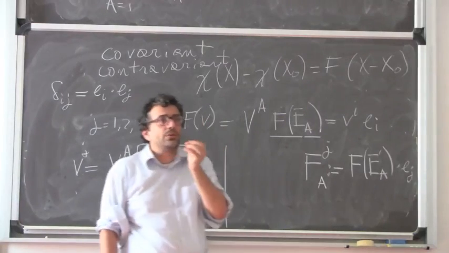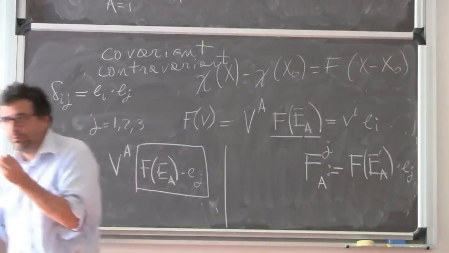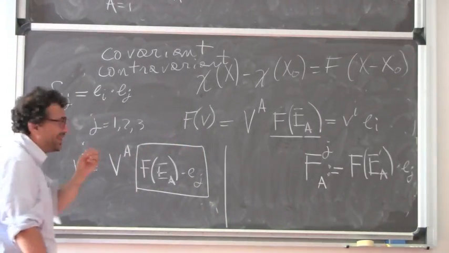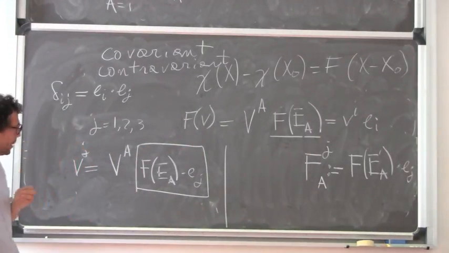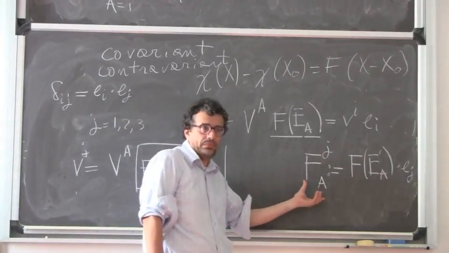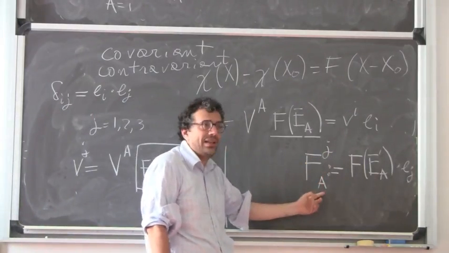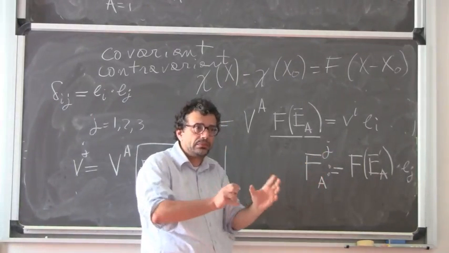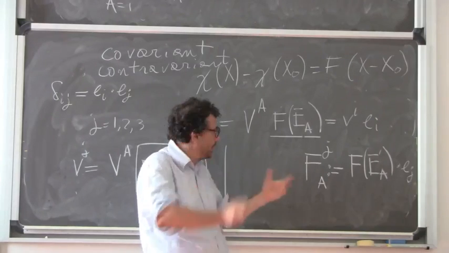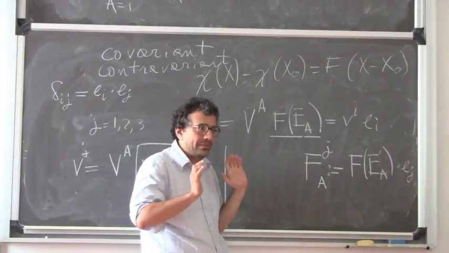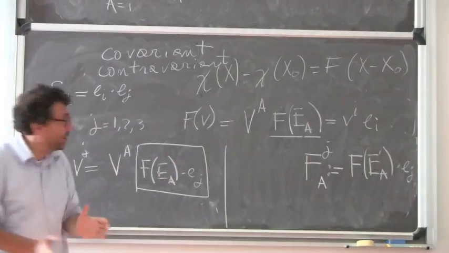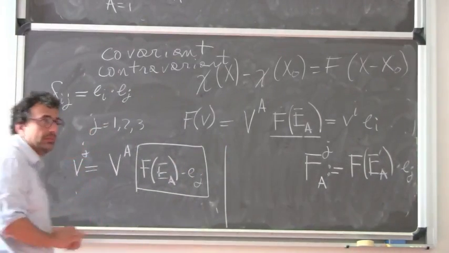Now, let us try to understand what we have done. We have invented a matrix, because when j and a vary between 1, 2, 3, you get the entries of a matrix. This matrix has a magic action.